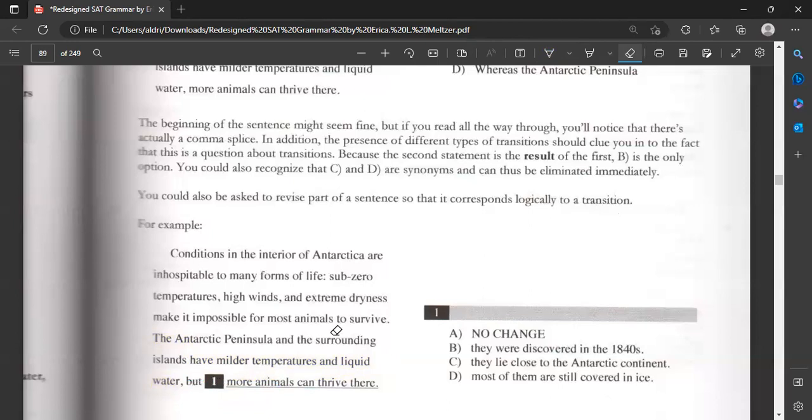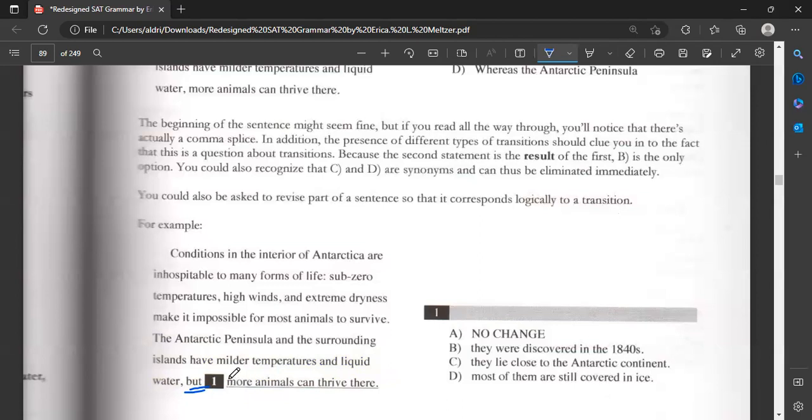So A is wrong because A is showing a contradiction in a sentence that should show cause and effect. Because of the word but, we know that we're definitely going to look for a contradiction. So the Antarctic Peninsula and the surrounding islands have milder temperatures and liquid water, but more animals can thrive there.